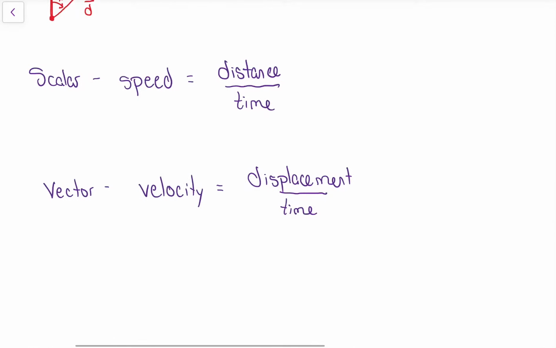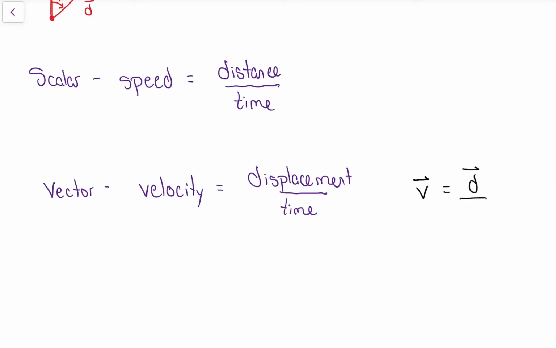When we start using equations, the short form for velocity is v with a vector hat. I'm going to draw it as an arrow. It could be typed as a bold or with just a single bar. It's displacement, which we said was d with a vector hat, divided by time.